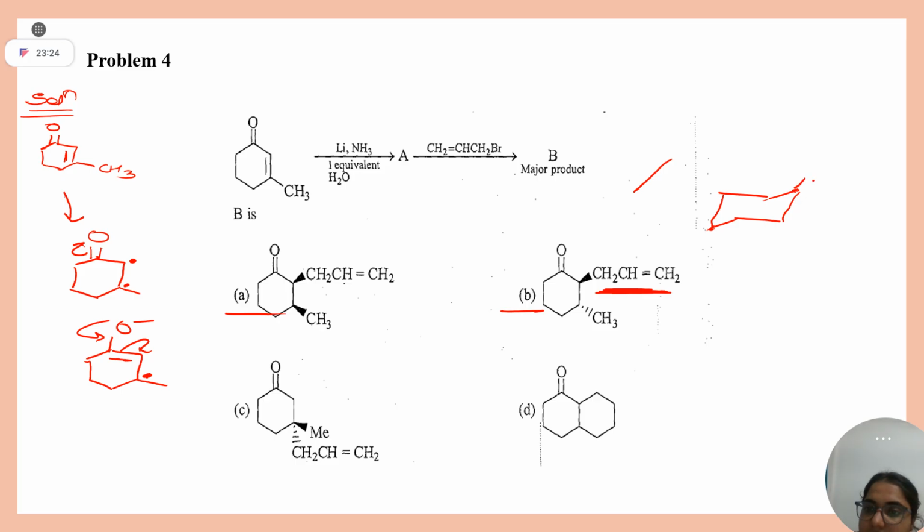Let's say this is your cyclohexanone. Okay, and if one of the groups is above, the next group, from a stability point of view, should be below or above.